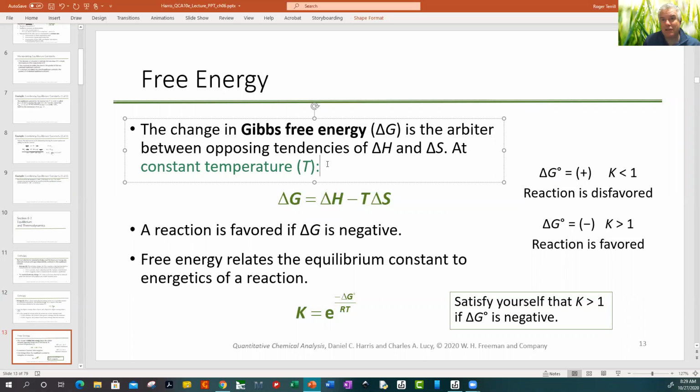So at constant temperature and constant pressure, you can come up with a third state variable called G. And G is delta H minus T delta S. Whoop-de-doo, right? So who cares about this? But the thing about the Gibbs energy is that it tells you the direction that a reaction will go towards equilibrium. So the sign of delta G tells you whether the reaction will go in reverse or if it will go forward.